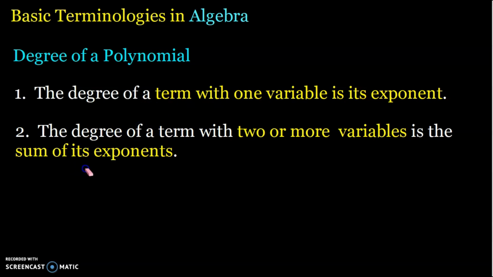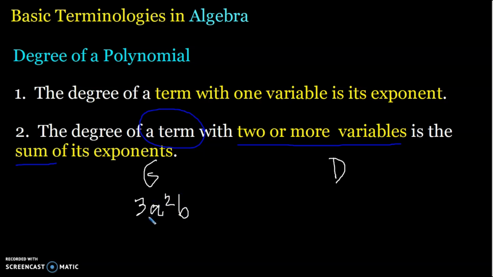The next rule states that the degree of a term with 2 or more variables is the sum of its exponents. This time we have 2 or more variables, but it's still a monomial, so we simply add the exponents of the variables. For example, suppose you have 3a squared b.